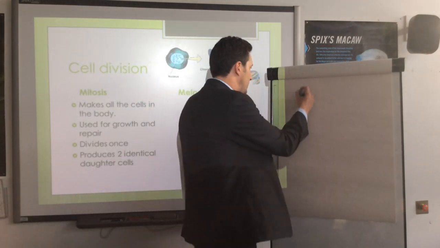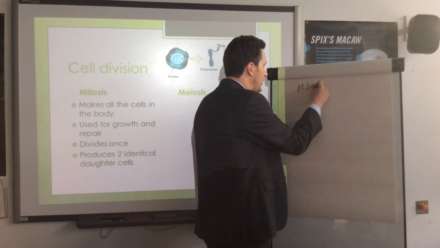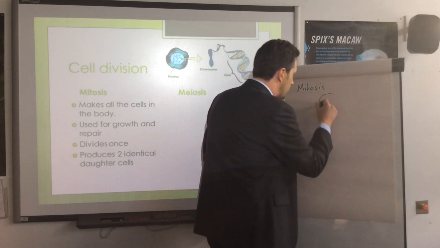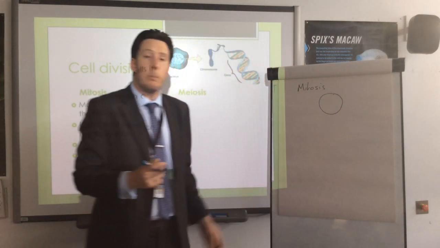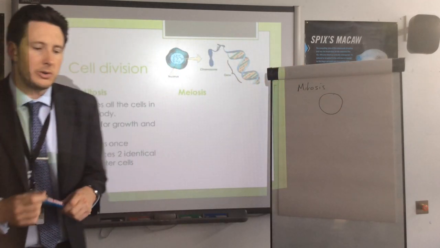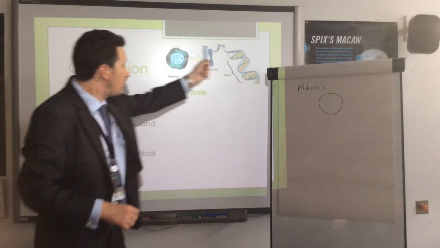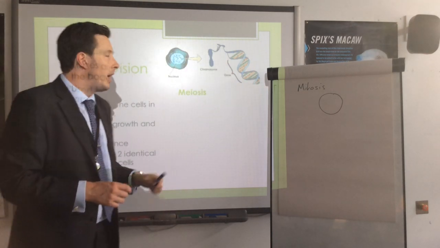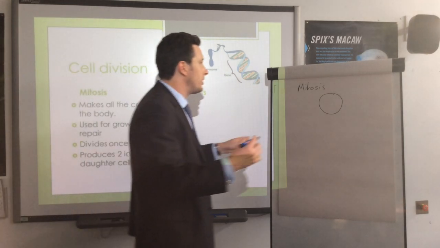So in mitosis, you start with your cell, and there's one bit of important information I almost missed. If we're talking about human cells, we're talking about the number of chromosomes in there.